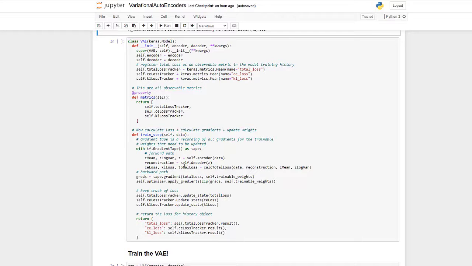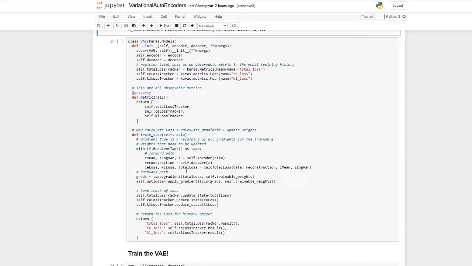For the actual training itself, that happens in the backpropagation phase, right? If you remember how neural networks work in general. So what we're going to do here is just calculate the gradients based on the trainable weights that we set up. And we will apply gradients by just zipping together those gradients and the trainable weights, and we'll optimize on those trainable weights.